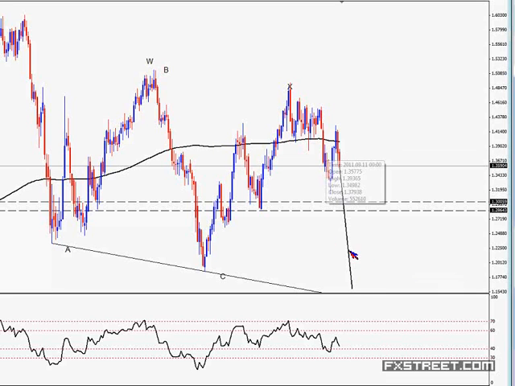Could be a double 3. Okay? So that's the anticipation as far as continuing. If the eurozone debt crisis continues to be unresolved, another year, we could be looking at further euro pressure.